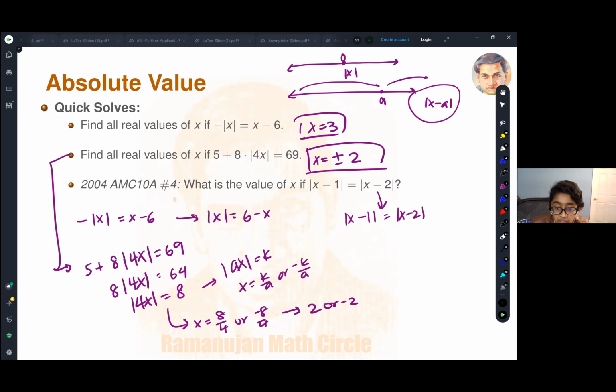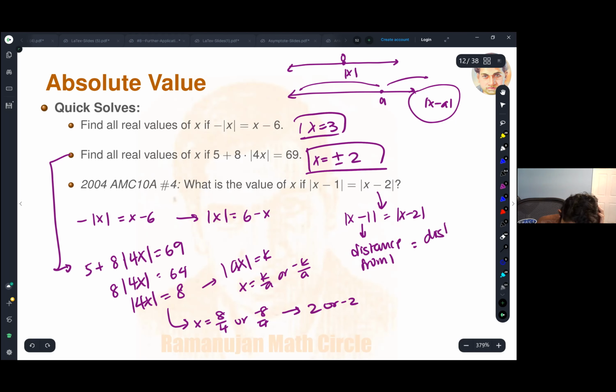And now if we use the same idea in our question here, we know that this is just distance from 1 is equal to distance from 2. And then as a result, since the distance from 1 and the distance from 2 is equal, we get that this is right in between 1 and 2. And that means it's 3/2. So then that's our answer.